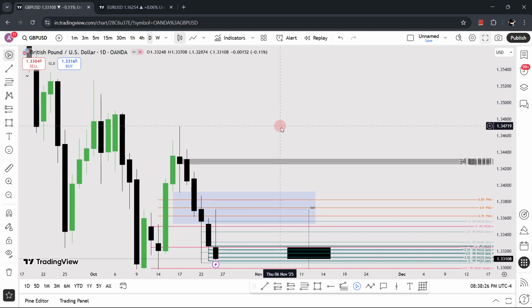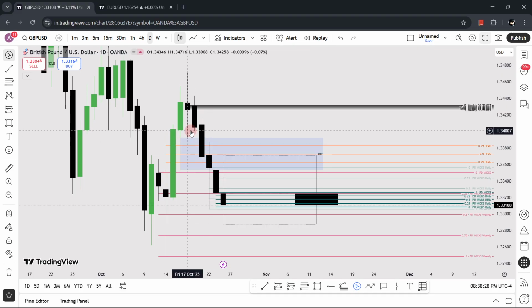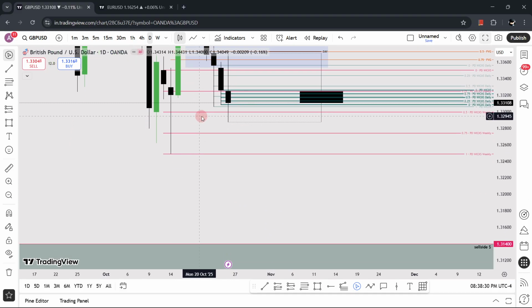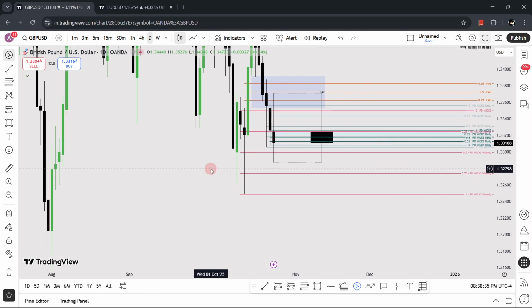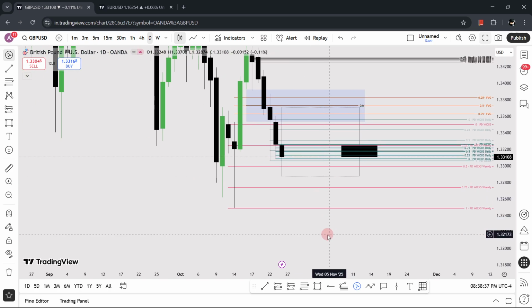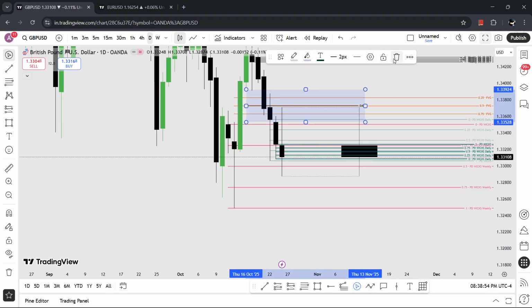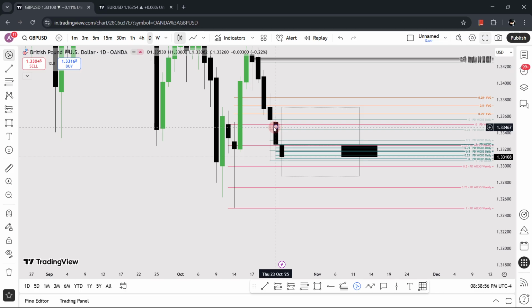So we have this daily fair value gap formed up there, right? I don't think we have a huge monthly fair value gap still there, still not taken out, and we haven't crossed below the 0.5 percentage of this weekly range, where this is a discount area for getting buy side.